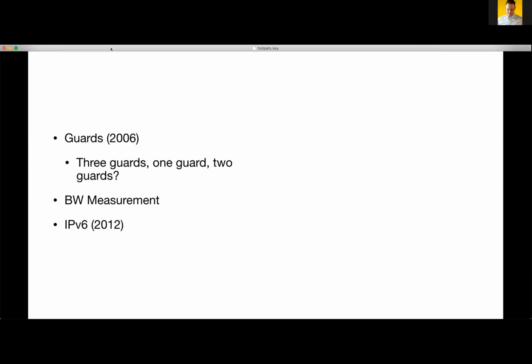Also, the way that Tor has incorporated bandwidth measurements into relay selection probabilities has changed over time, and even things like the use of IPv6 in the way that clients can connect to Tor relays changes the criteria by which clients choose Tor relays.